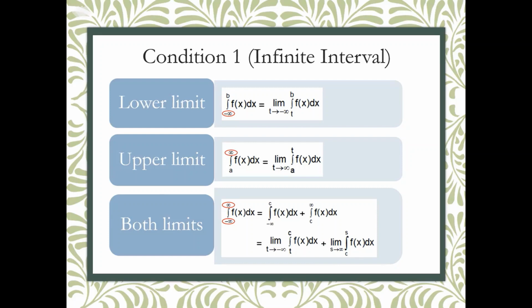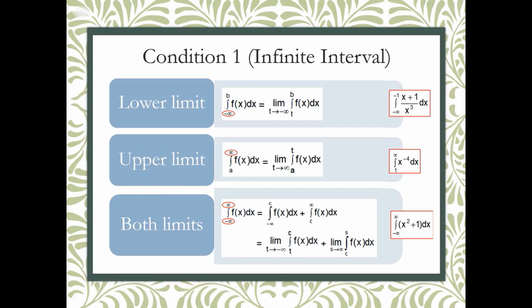Basically, to solve the improper integrals, you need to replace the infinite limit with a variable, usually t. Do the integral and then take the limit of the results as t approaches negative or positive infinity.